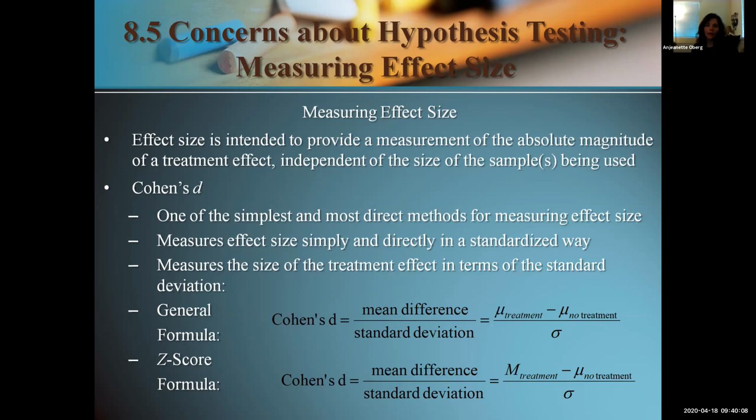And so it's a really simple measure because conceptually we understand standard deviations. So our general formula is looking at the mean difference divided by the standard deviation. And again, we're looking at the standard deviation of the population, okay?